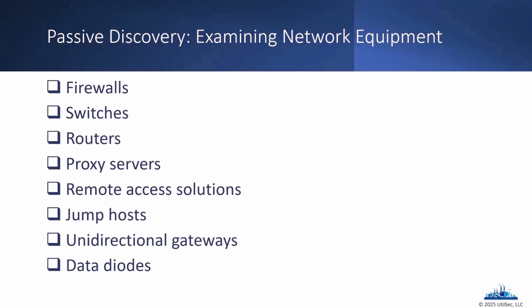For all of the networking equipment in the environment, no matter what it is, you can log in if you have access as the operator, or as a penetration tester if you're able to gain access. Then you can look for clues on those assets, like a switch, on what's actually in the environment.